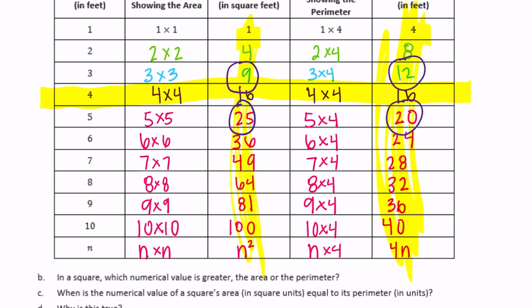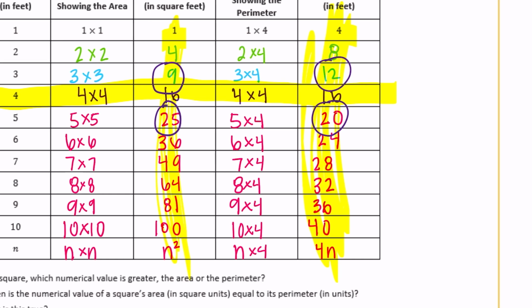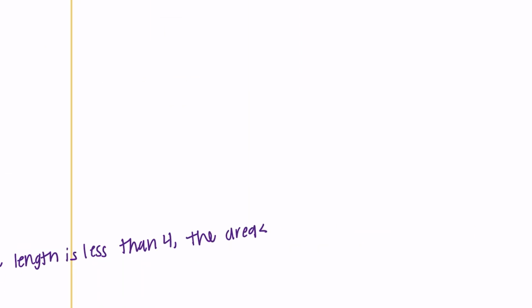So there's not one right answer for this. So we're going to say which numerical value is greater? Well, it depends. So let's say it depends. If the side length is less than 4, the area is less than the perimeter.